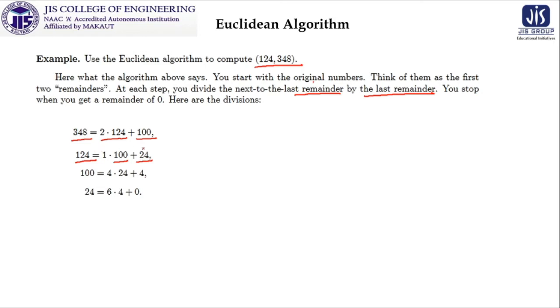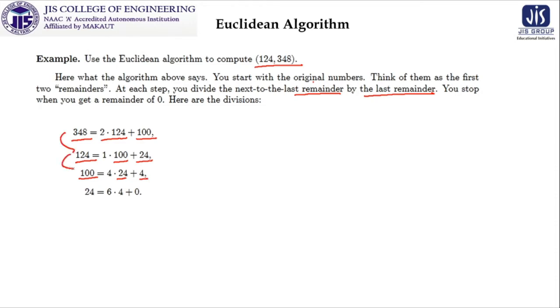So 24 is the remainder. Now we divide 100 by 24, and the representation is 100 = 4 × 24 + 4.